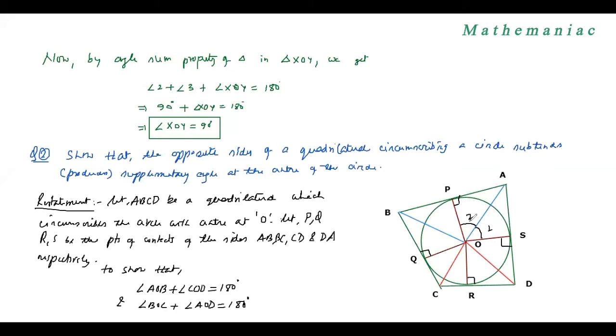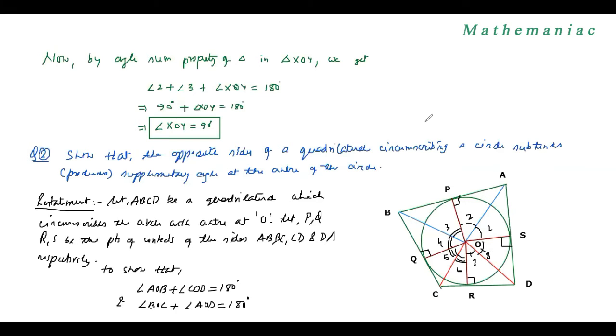So 1 will be equal to 2. Similarly, if I name this angle, 3 will be equal to 4, then angle 5 will be equal to angle 6. Similar logic I can apply. This angle 7 will be equal to angle 8. So this is the logic we have used, right?